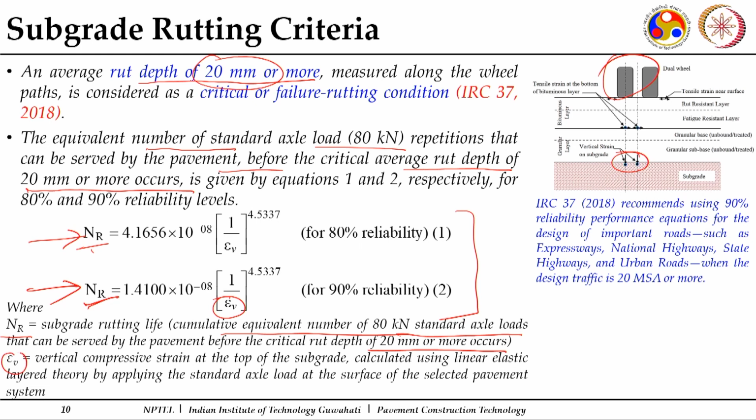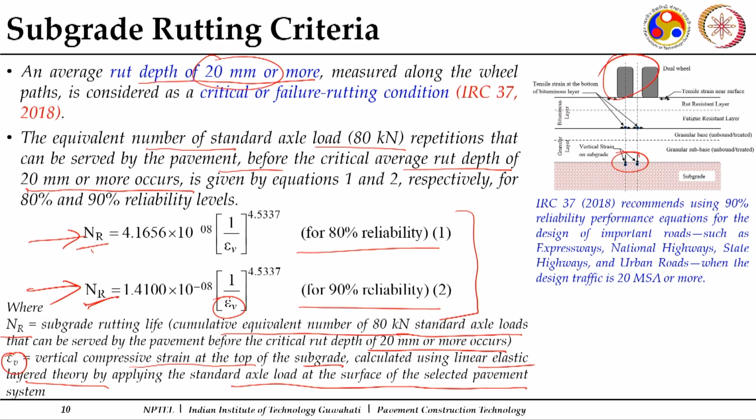And epsilon V is the vertical compressive strain at the top of the subgrade. This is the mechanistic parameter calculated using linear elastic layered theory by applying the standard axle load at the surface of the selected pavement system. There are two equations, one for 80% reliability and the second for 90% reliability.